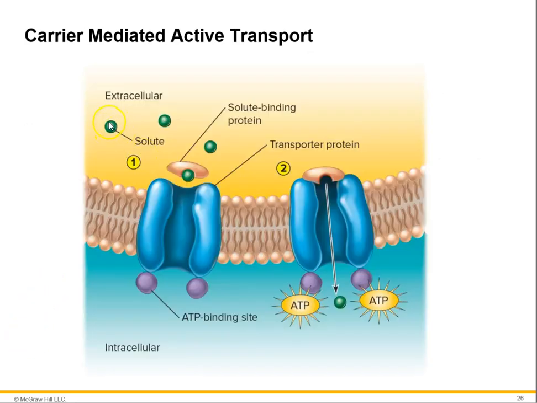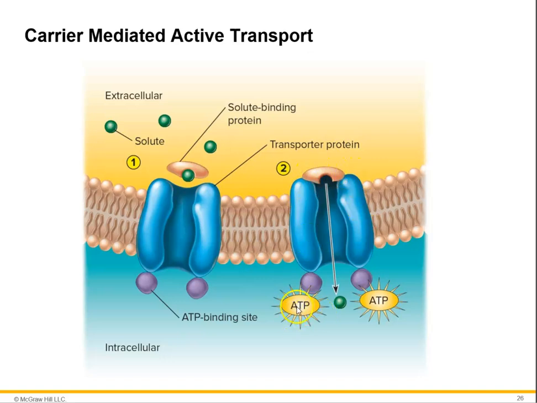All right, so here you have the solute that's outside of the cell. Here's the transporter protein. These are the ATP binding sites on the transporter protein. And you'll notice solutes are usually bound in some sort of protein, a solute binding protein. And what happens is this solute binding protein connects with the transporter protein.